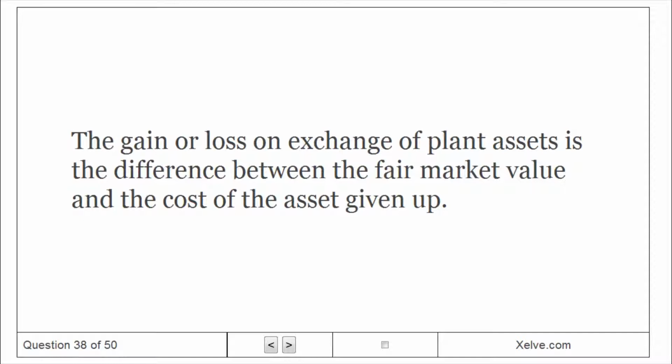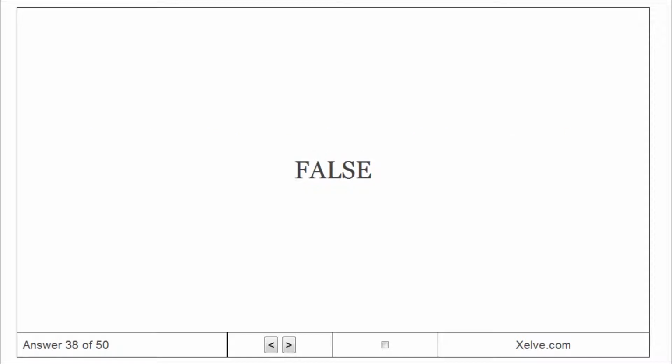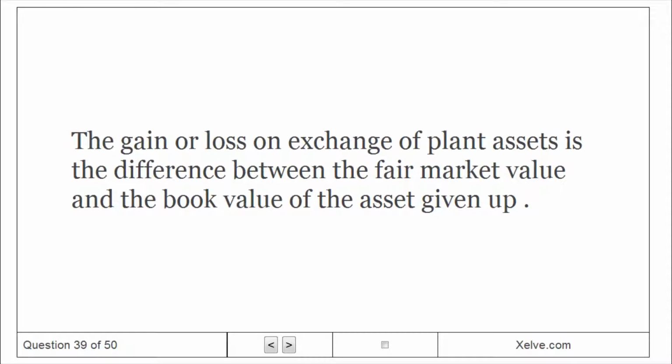The gain or loss on exchange of plant assets is the difference between the fair market value and the cost of the asset given up. False. The gain or loss on exchange of plant assets is the difference between the fair market value and the book value of the asset given up.